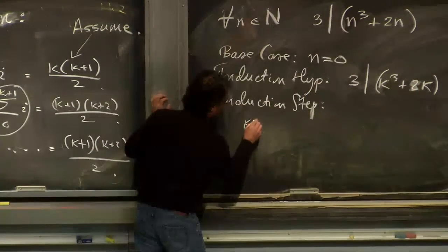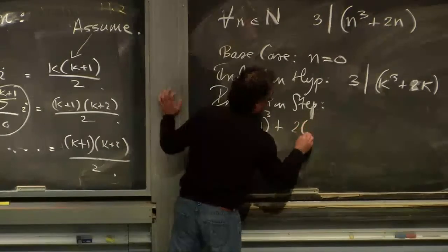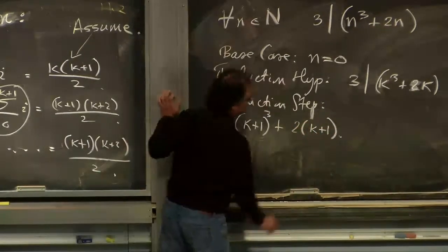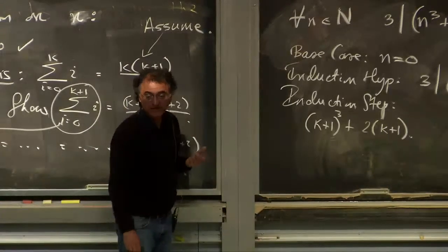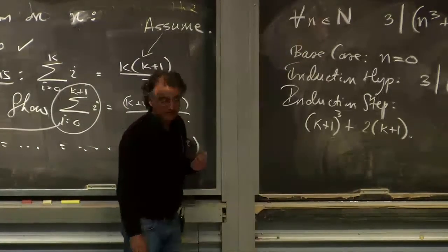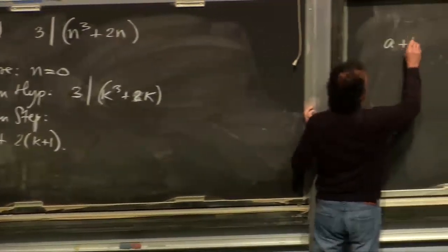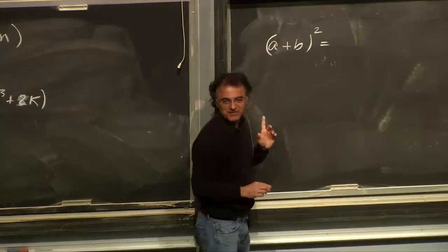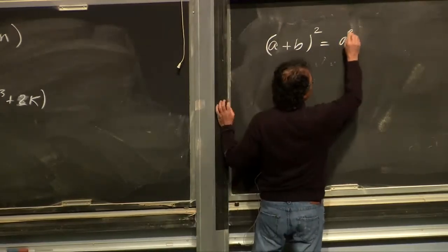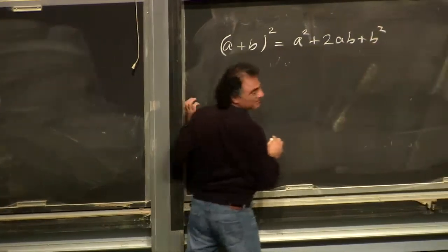So we want (k plus 1) cubed plus 2 times (k plus 1). Everyone remember how to expand (k plus 1) cubed? Well, let's start with something we remember, right? It's (a plus b) squared is that, right?